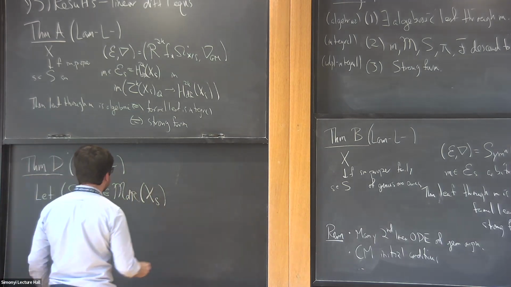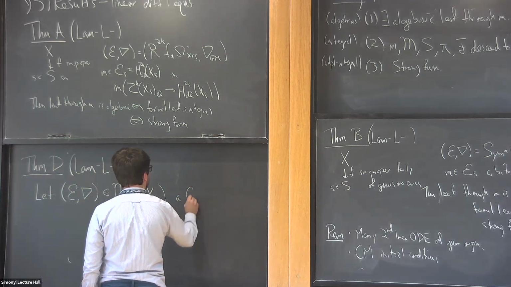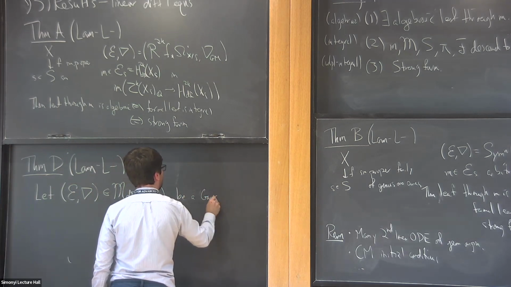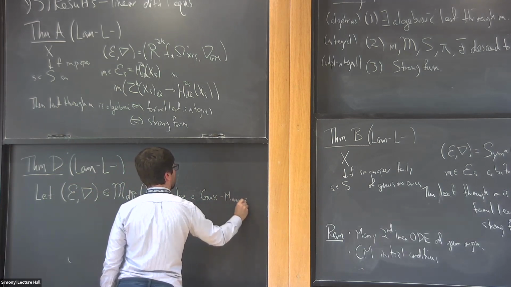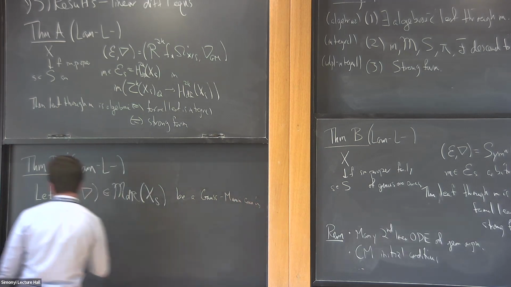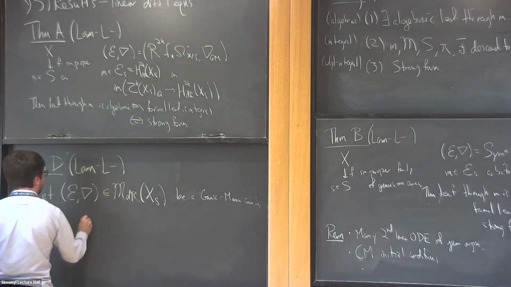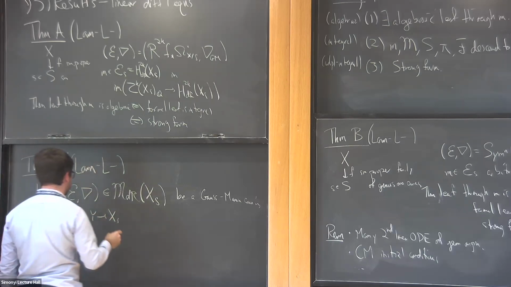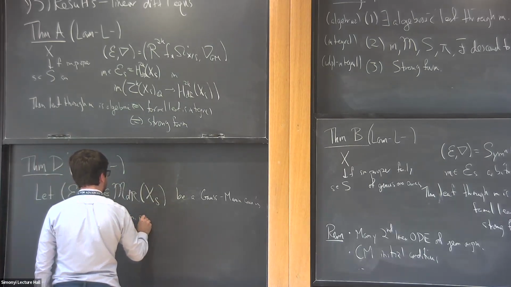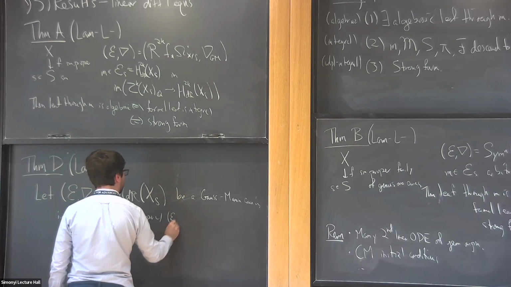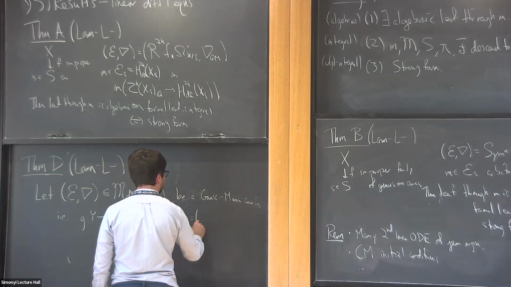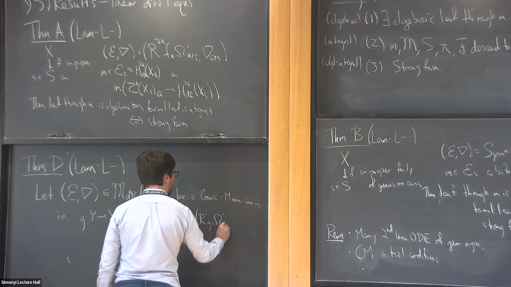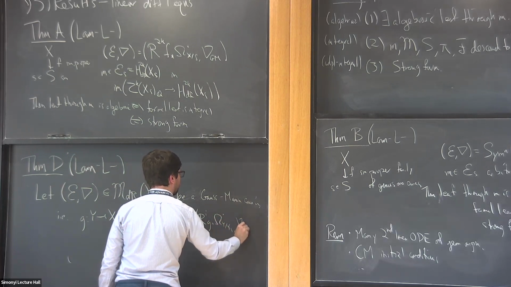And the assumption is that this is going to be of Gauss-Manin type. What do I mean by that? I mean there exists some smooth proper map to the fiber, so Y to X_s, such that (E, ∇) is a summand of the cohomology of this map, or g lower star of Y over X_s, because it's Gauss-Manin.